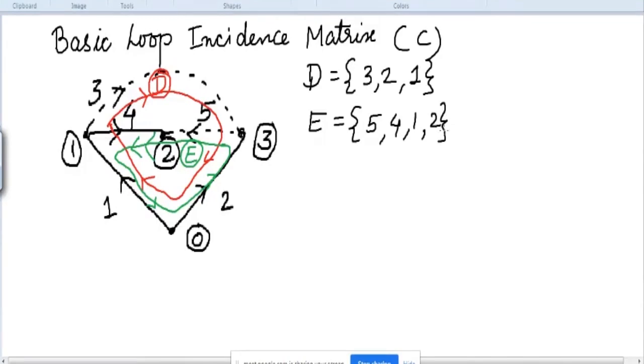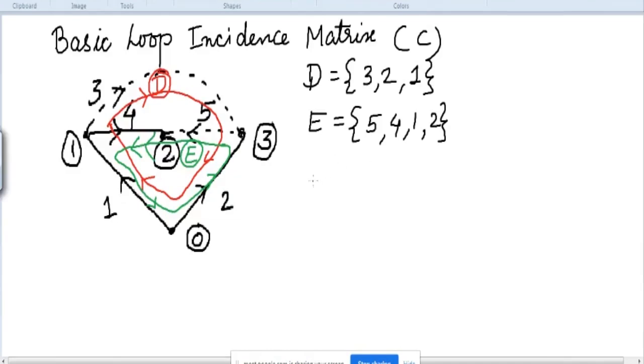So this will be the entry for E. Now we have already understood how to choose +1 or -1. It's very simple. The elements which are moving with the loop will be +1, and the elements which are in opposite direction of the loop will be -1.